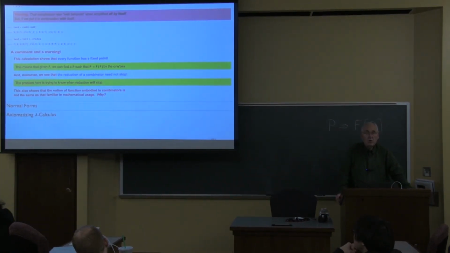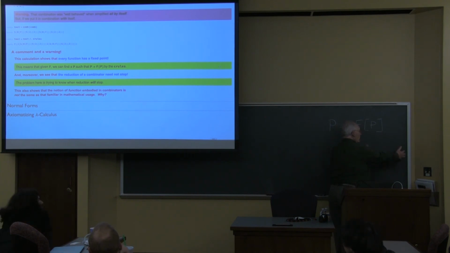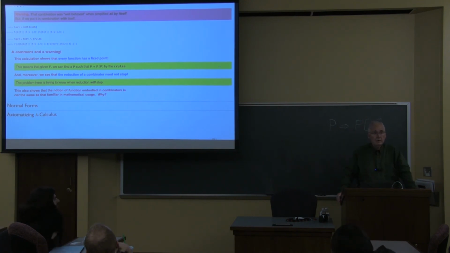If I kept doing this over and over again, I would get f of f of f of f of f of f of the combination, and if I kept doing it, I would be getting f of f of f on to infinity. So you have to be very careful. This immediately gives combinations that don't reduce in any finite number of steps. But it's still very interesting that when we reduced it a little bit, we could interpret it as a fixed point of a function. And I'll make a lot of use of that.